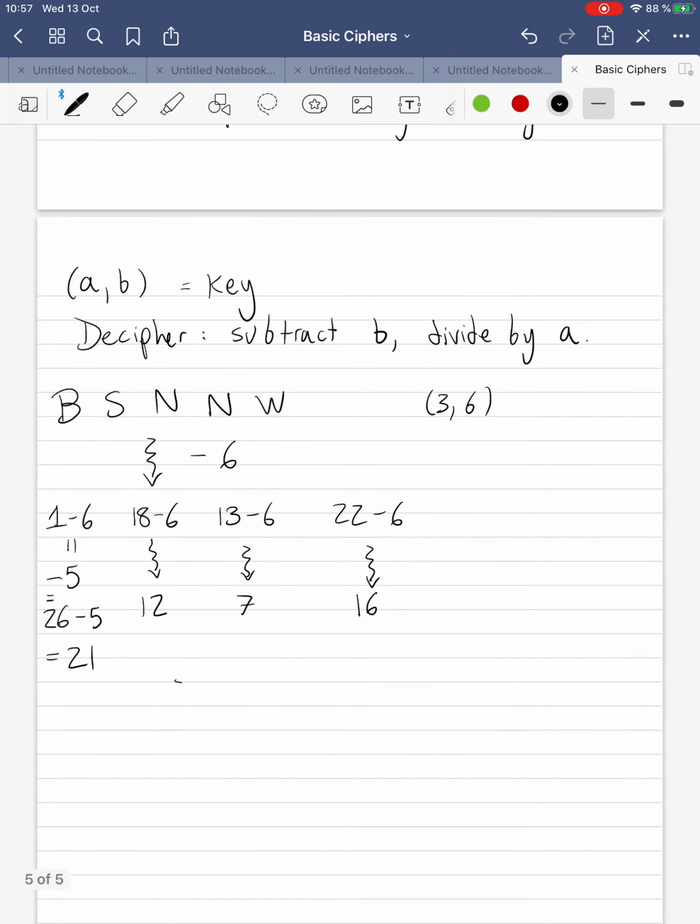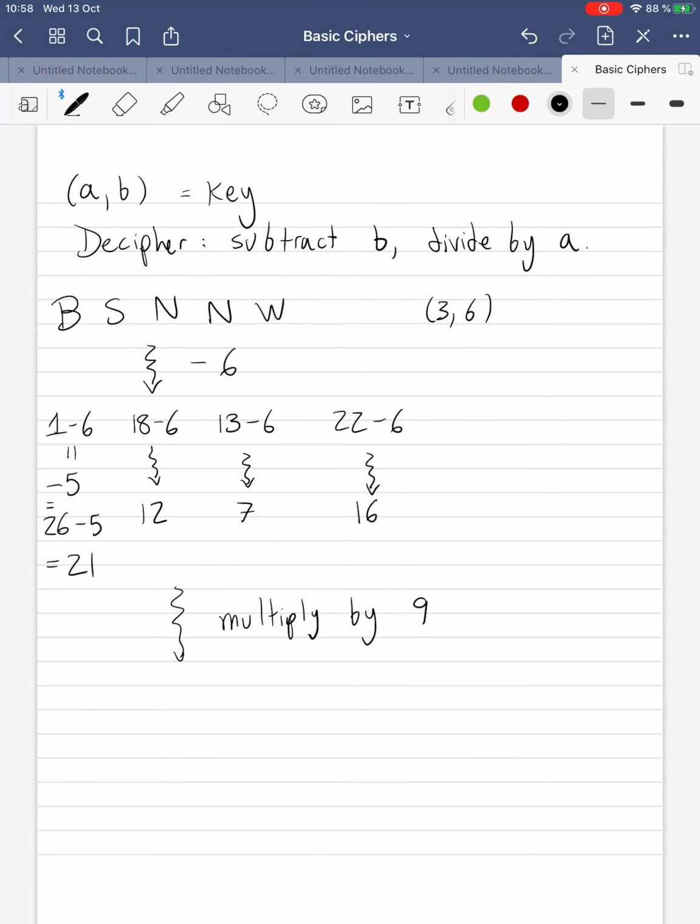Okay, so now what I'm going to do is multiply by 9. And for this, I'm going to use Google. The first one, 21 divided by 3 is 7. That's easy to see. But I'm going to do this multiplying by 9.